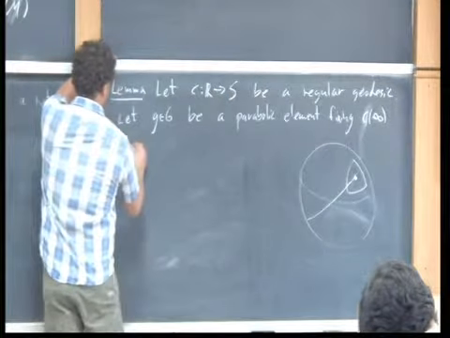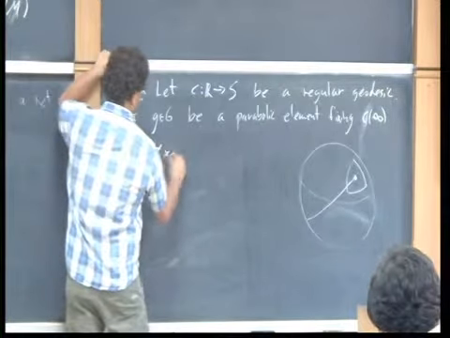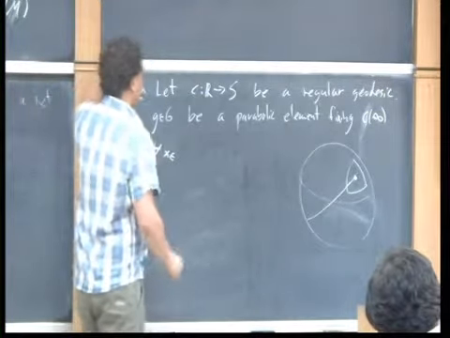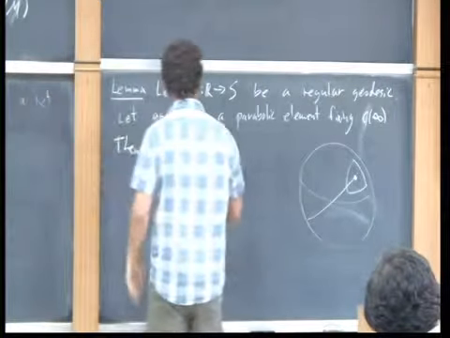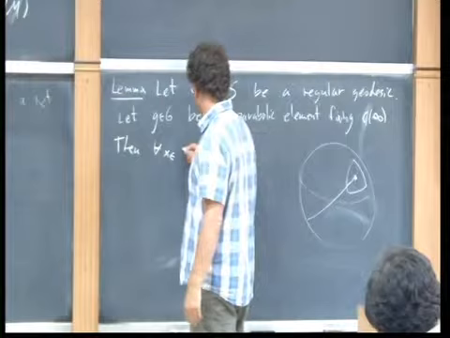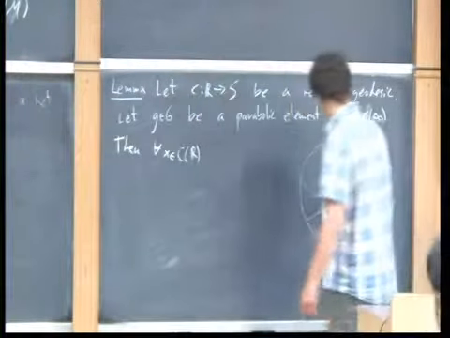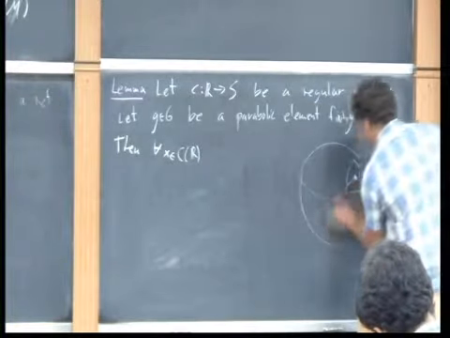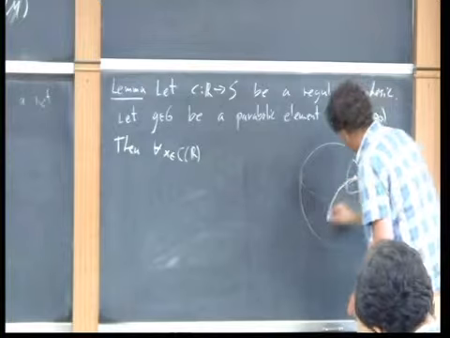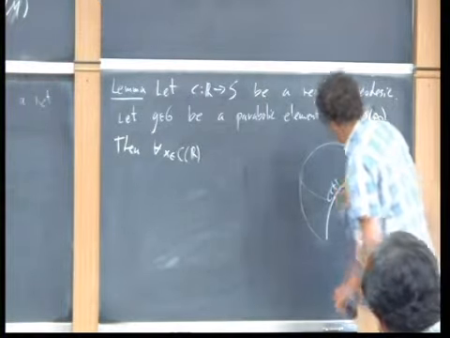Then for any x in C of t, on this geodesic, so x is some point. So geodesic usually drawn like this, right? So this is C of t, and we have x here.